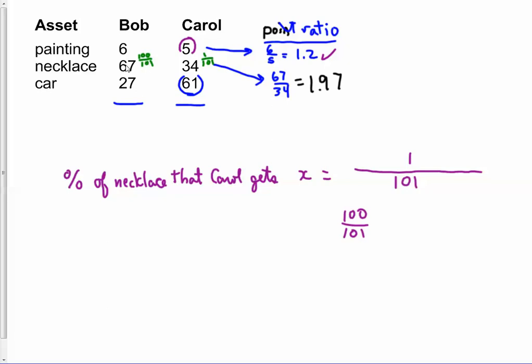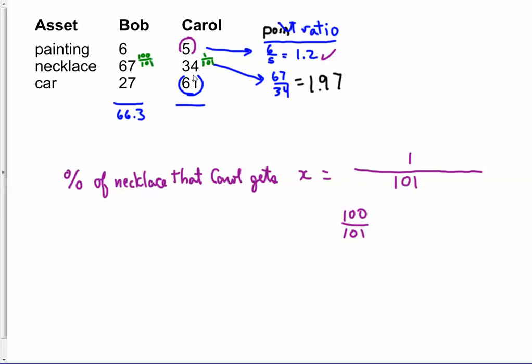So if I take the 67 points that he thinks the necklace is worth and multiply it by that fraction, 100 over 101, I get that he's getting 66.3 points.